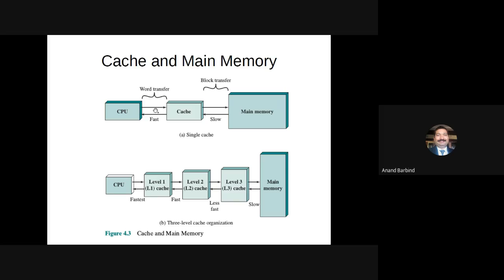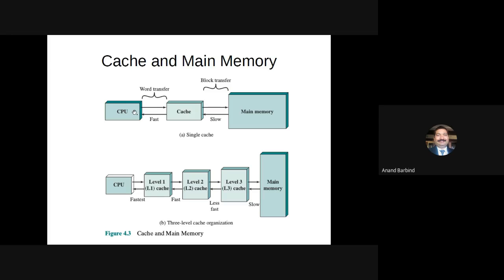So whatever data or code or instructions are required by the CPU are read from the cache. The read and write from the cache is very fast. That is why the CPU usually reads or writes into the cache. This particular transfer is word transfer. That is, it reads one instruction at a time, or it reads one word of data from the cache at a time.